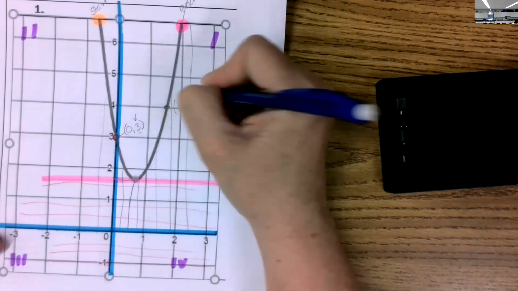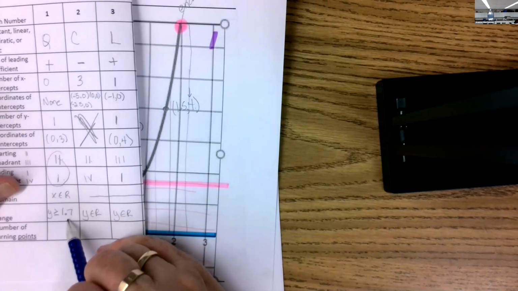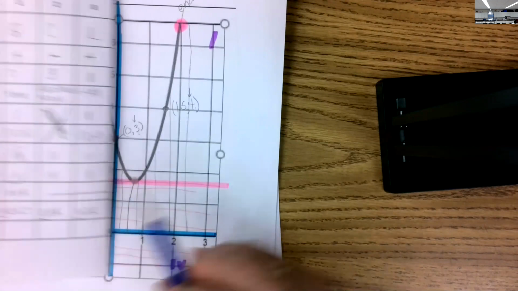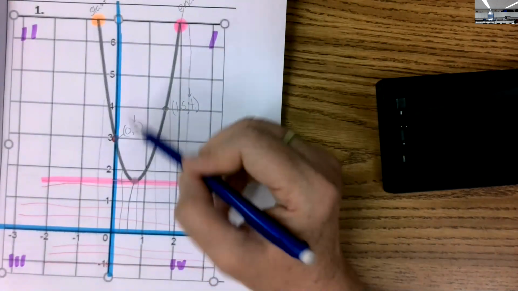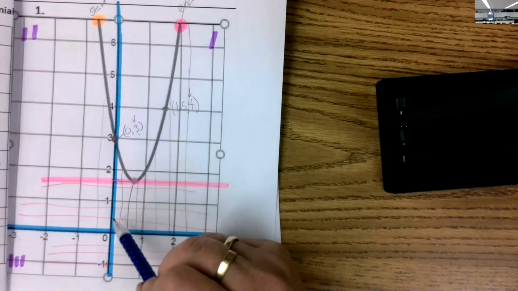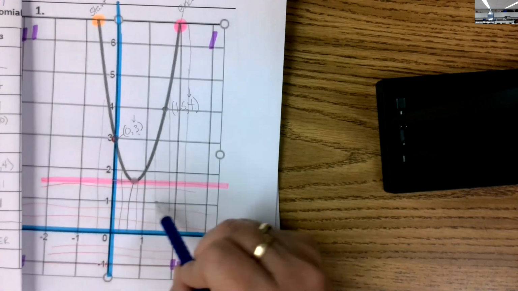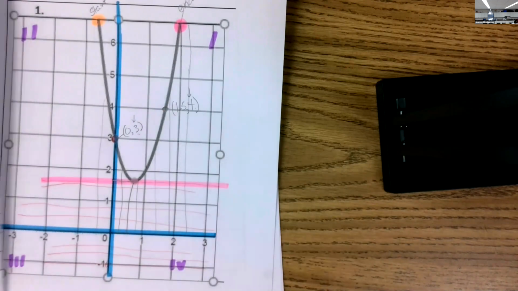If I'm only caring about the y, this value is bigger than 1.7. And no matter where I get, it's always going to be bigger than this. There's no way, if I look at a y value of like 1, there's no graph there. So that's how we work the range.